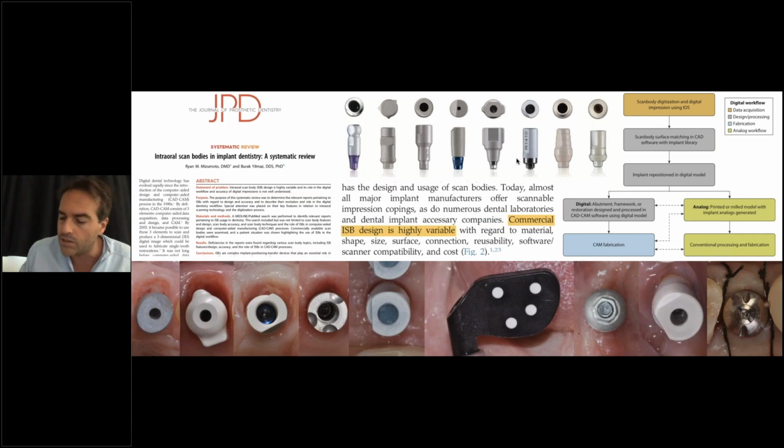The digital implant analog information is related to the scan bodies that you have utilized. And most scan bodies available in the market do not have the digital implant replica. So you cannot produce a model digitally if you're working with the wrong scan bodies.